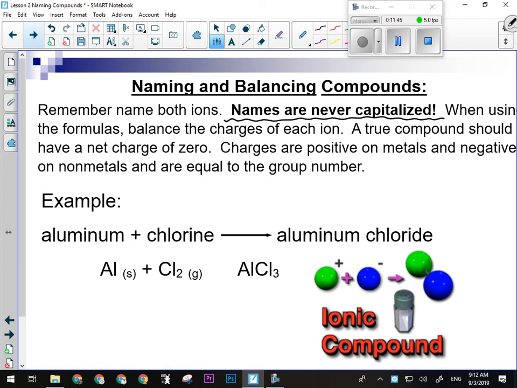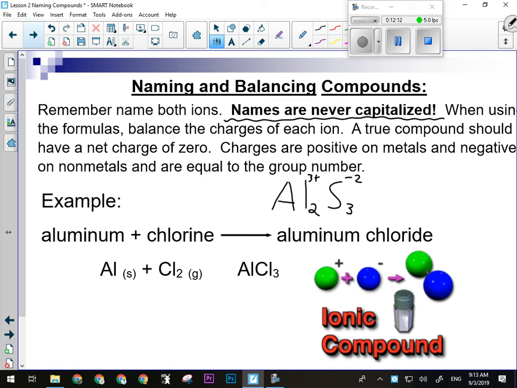All right? A true compound should have a net charge of 0. That's what we just talked about. That's the reason for the drop and swap. The example we just had was aluminum sulfide. And we said that when we do that, we have Al, which is a 3+, and sulfur, which is a 2-. So when I take the 2 and put it here, and the 3 and put it here, I have how many negative charges? 6, right?